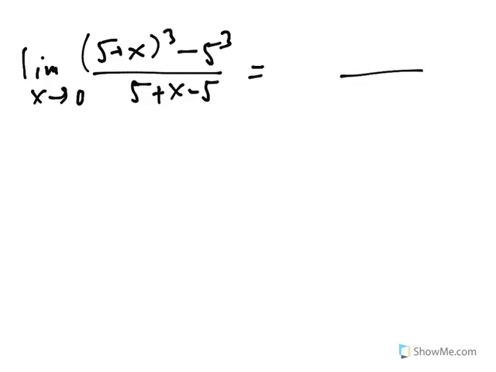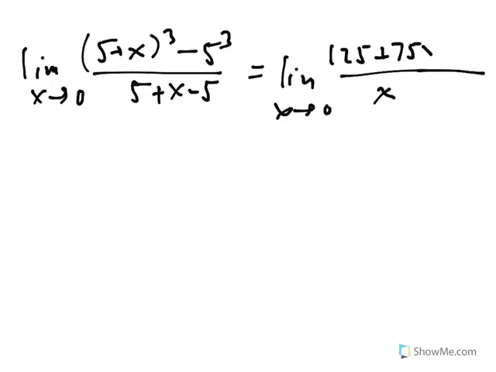Now the denominator still becomes x. The numerator becomes, well, with binomial expansion, raising to the third power can be pretty complicated. So we would get 125 plus 3 times 5 squared times x, which is 75x, plus, I should say, 15x squared.